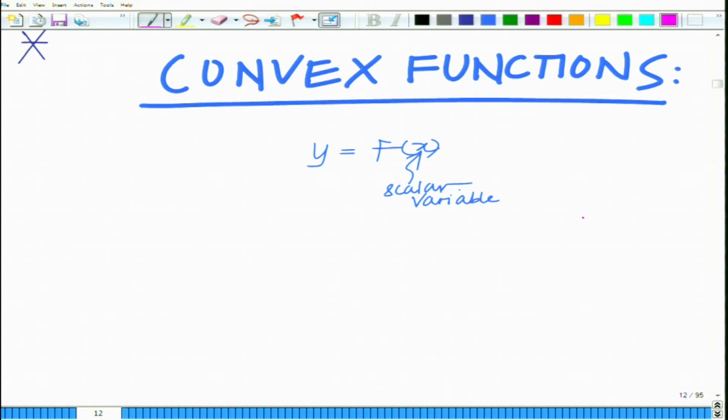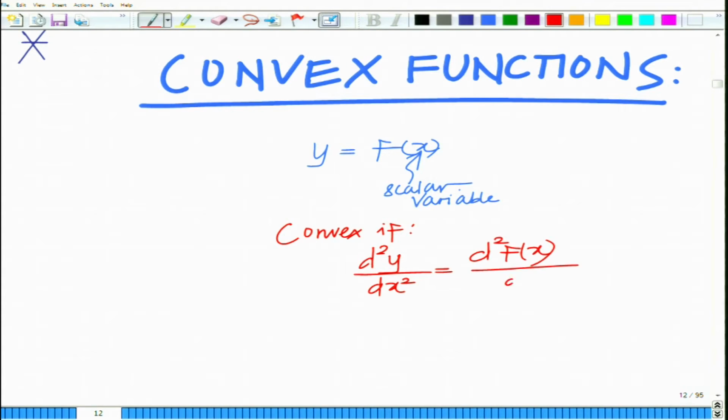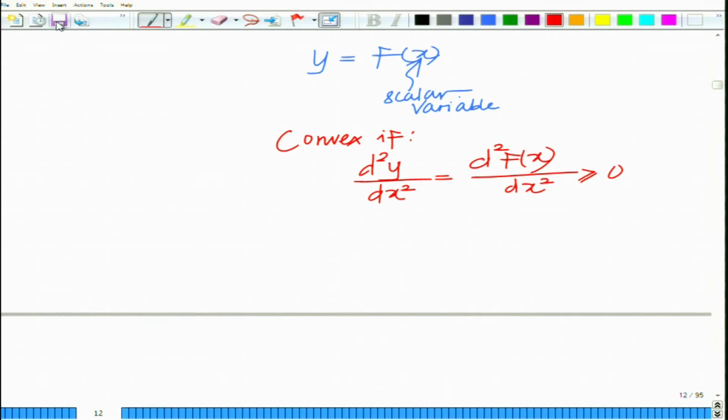and this is convex if d square y by dx square equals d square f of x by dx square, that is the second derivative, is greater than or equal to 0.